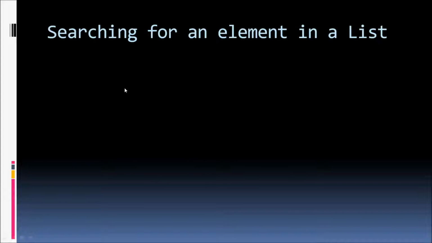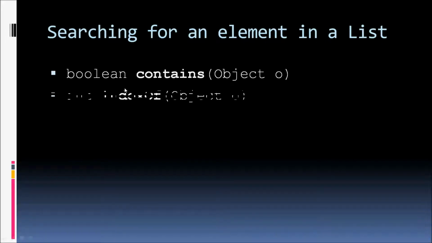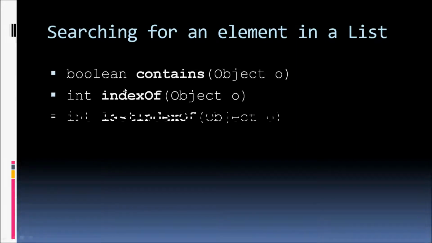Next, to search for an element in a list collection, the List interface provides the following methods: contains, indexOf and lastIndexOf.